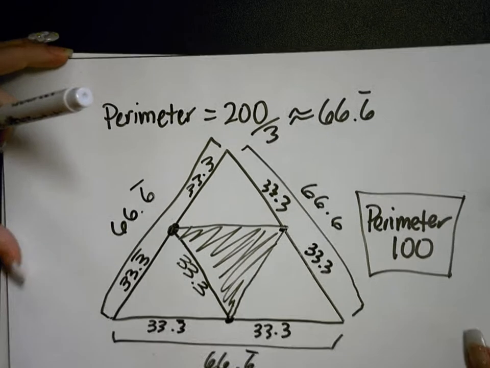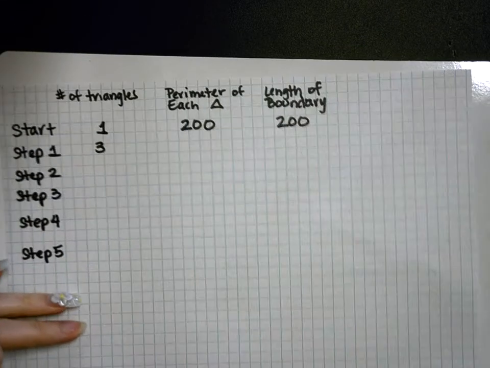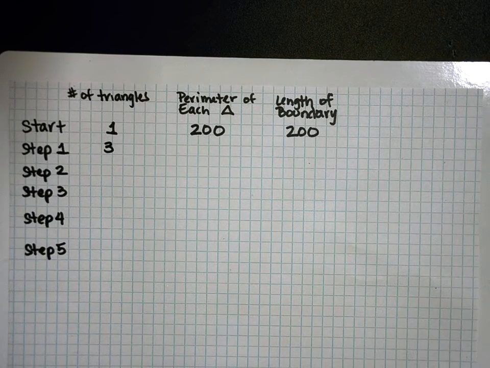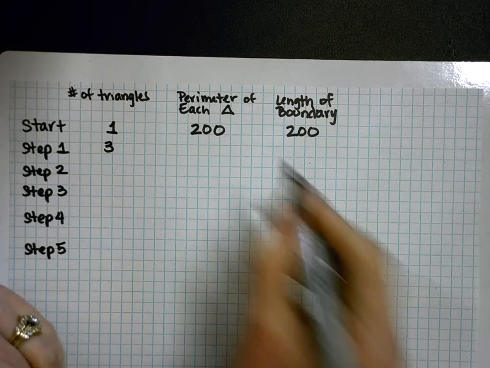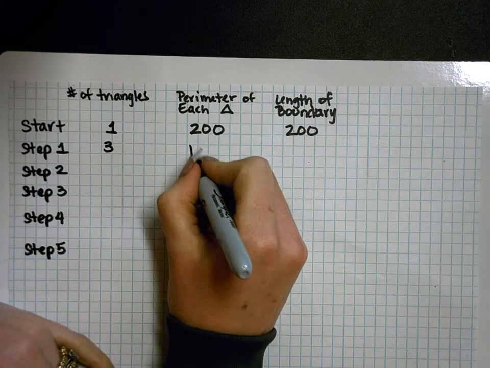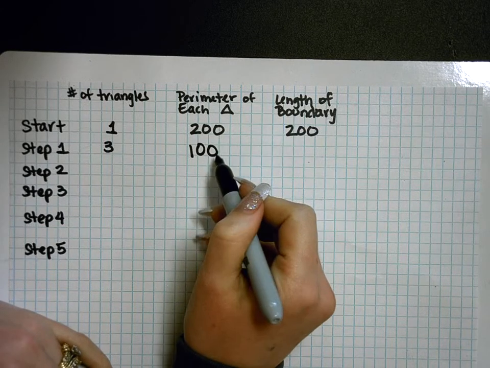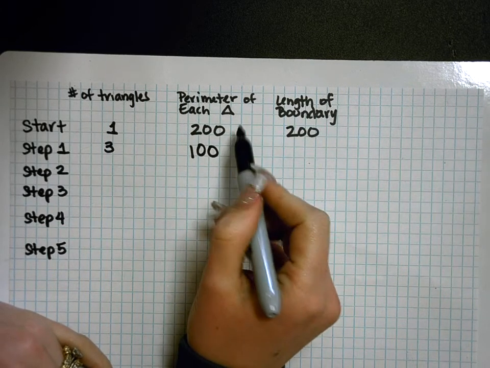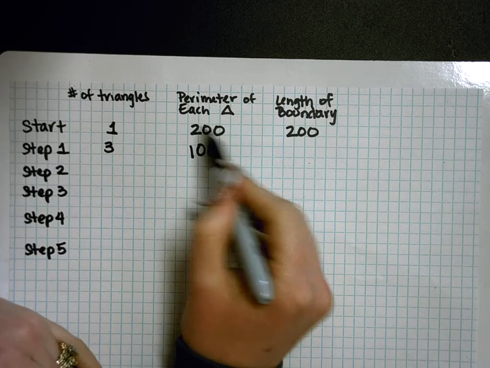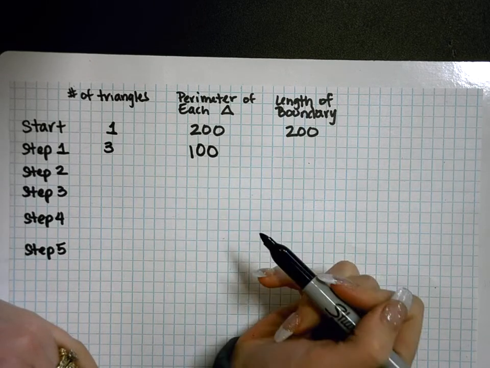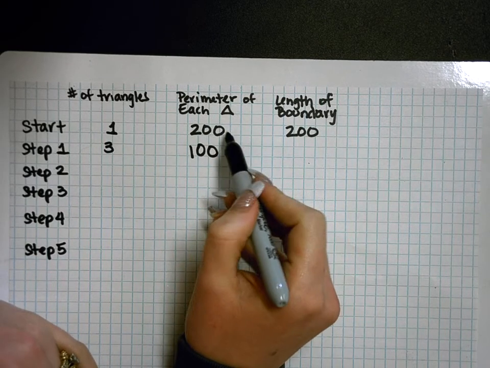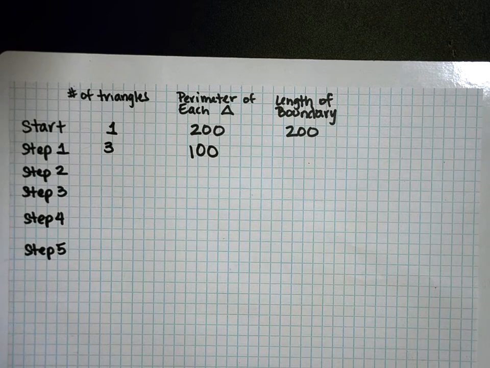So in step 1, the perimeter of each triangle is 100. Basically, the perimeter of each of the smaller triangles is 1/2 the perimeter of the big triangle. So 200 divided by 2 ends up being 100.